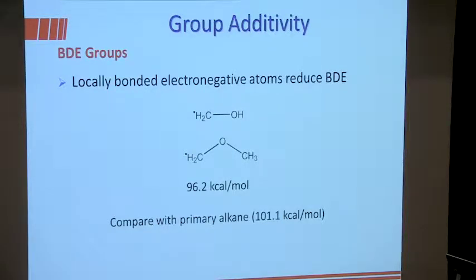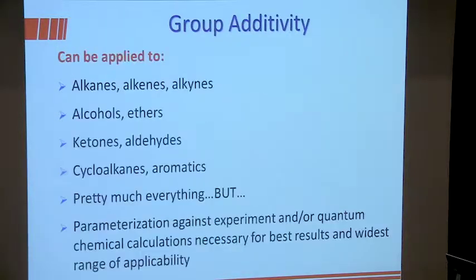And so the hydrogen atom in either methanol or dimethyl ether, the bond dissociation energy is 96.2. It's like a tertiary hydrogen atom, not a primary. So we have these tables of bond dissociation energies that we can formulate.